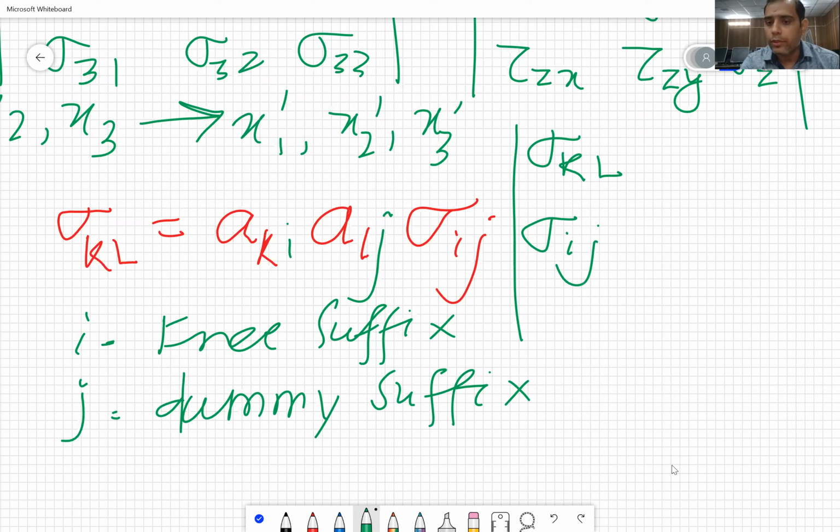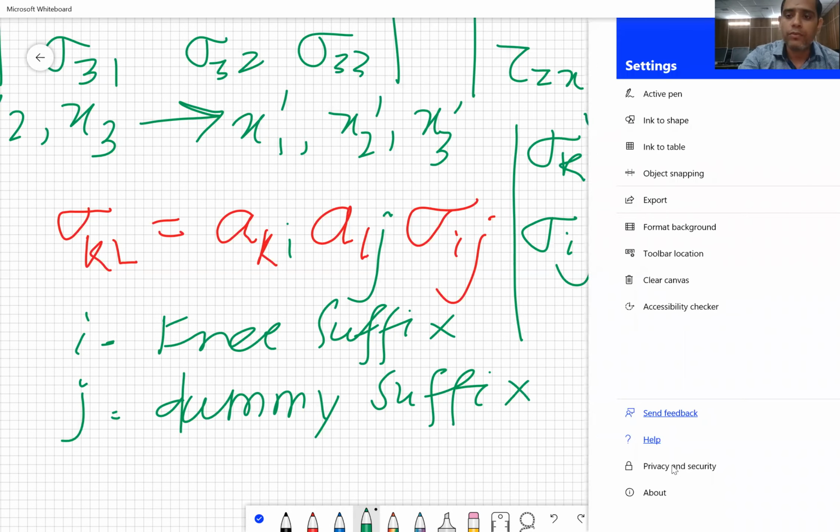Don't be confused over here. Sigma ij is the stress in the primed axes or the coordinate system already taken, the existing stress at the primed axes. Whereas sigma KL is the stress at the transformed axes. So the main aim of this tensor equation is to find the stresses at the transformed axis. How easily can we find this?